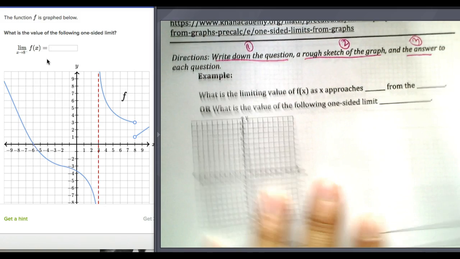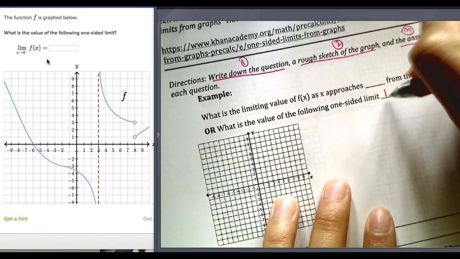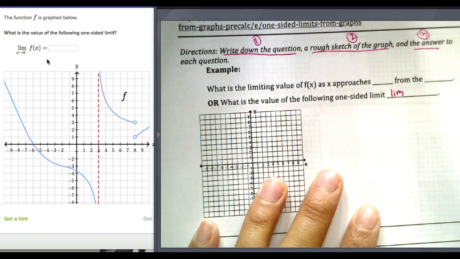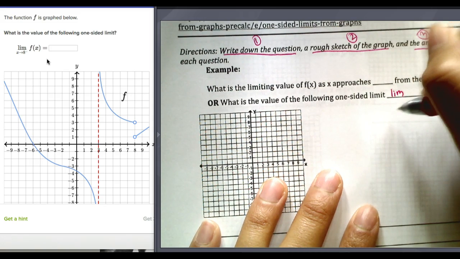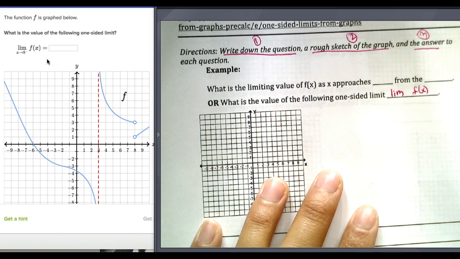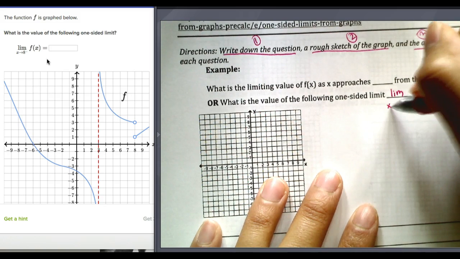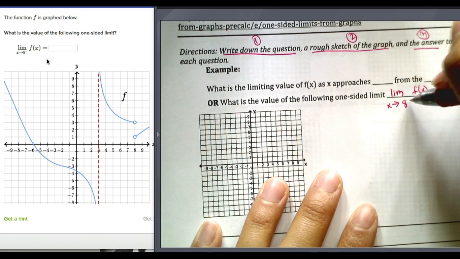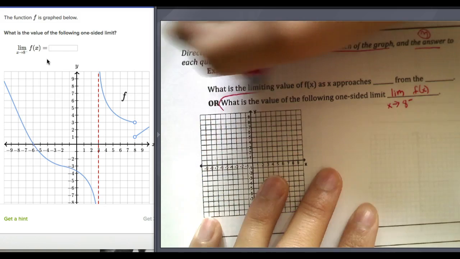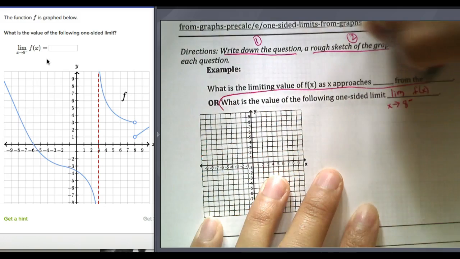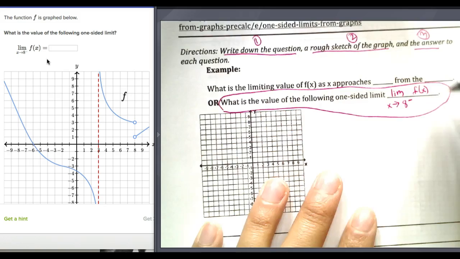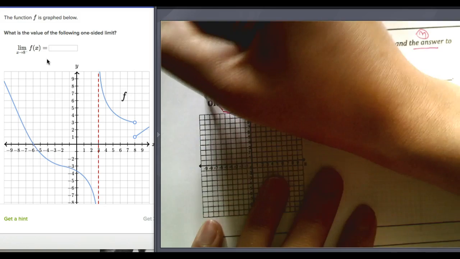The limit of f of x as x approaches 8 from the left. So this is the question that we're going to be looking at. So this is number 1, our question.